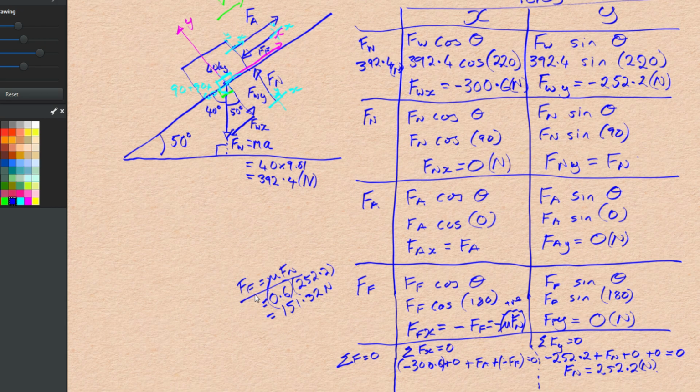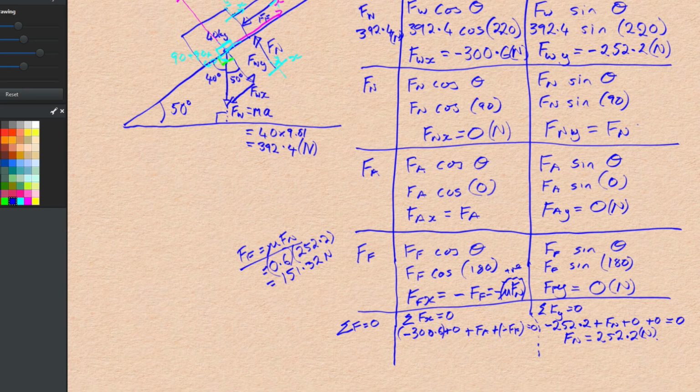That's my friction force. My friction force is going to add to the weight force, which is the 300 there, so they should both be in the same direction, and it will be because this number will be negative. So just a little bit more room, still going down the page.